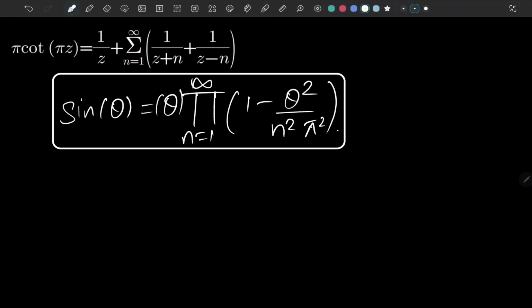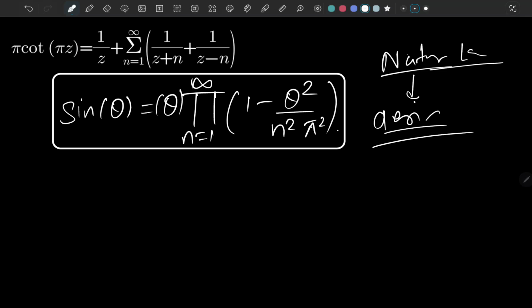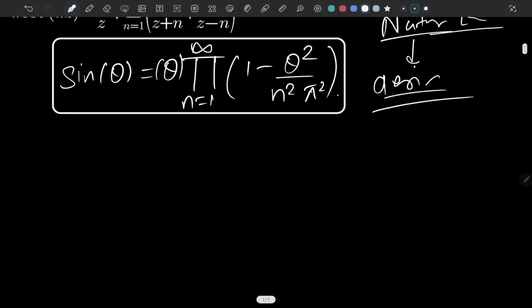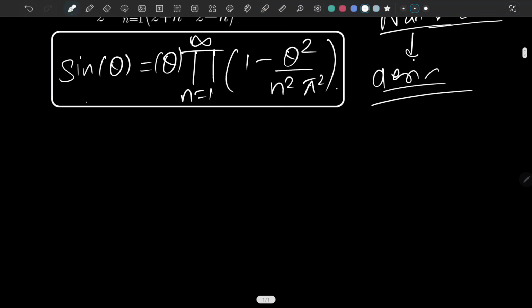So basically, as I told you, our roadmap is going to be something like this: taking the natural logarithm, then taking the derivative, and then some rearrangement. That's it. We are good to go with our infinite series for cotangent. Let's do that right away. Or maybe I should consider writing theta equals pi z.